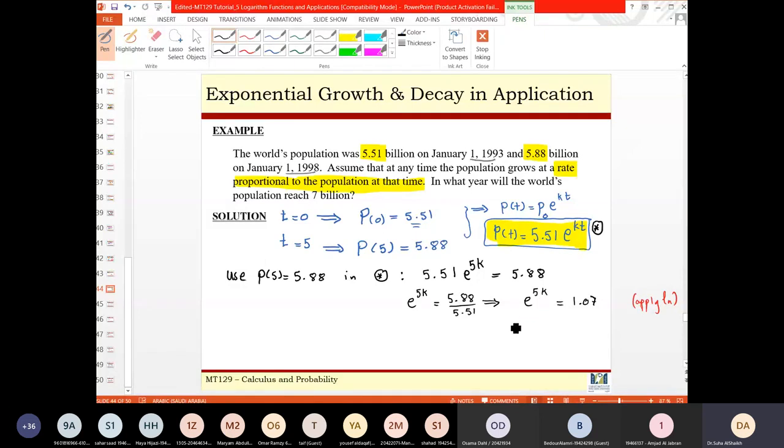ln will cancel the e, so we remain with 5k equal to ln of 1.07. So the k is equal to ln 1.07 divided by 5. Calculate this amount for me, please. So what will be my k?